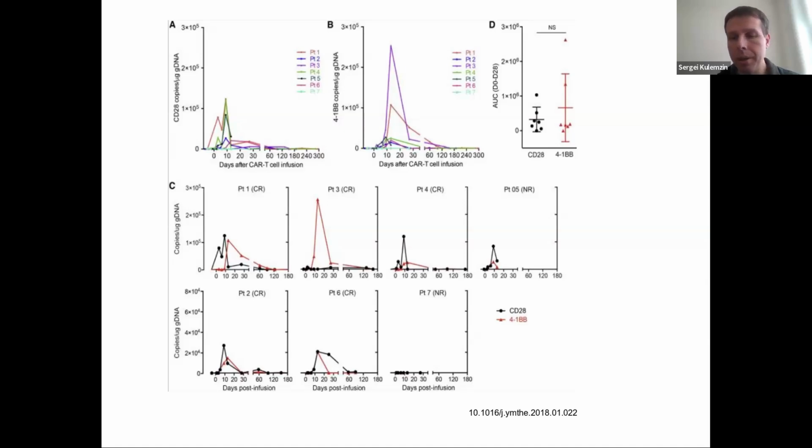And each clinical trial to show that the efficacy of one product is better than another usually costs a lot of money, because you have to enroll several dozens of patients into each arm. With this idea of combining CAR T cell products and infusing a combination of CAR T cells into the same patient, I think we can obtain a lot of details, a lot of data, even from small phase 1 clinical trials.